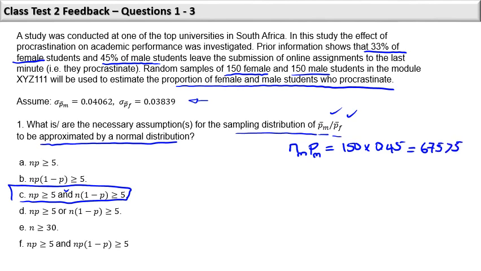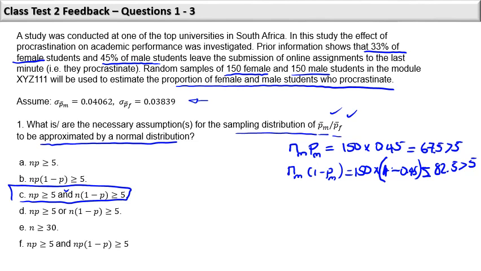And then the number of failures in this case will be number of males that we take, 1 minus the probability of success, which in this case will be 150 times (1 minus 0.45), and that answer will be equals to 82.5, and this is also greater than 5.